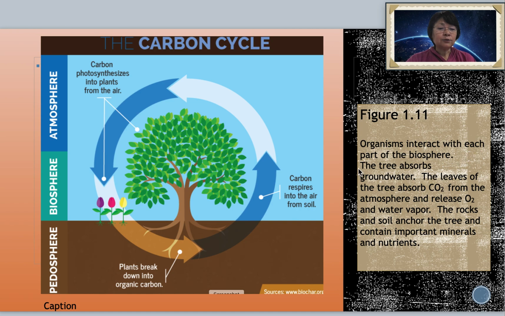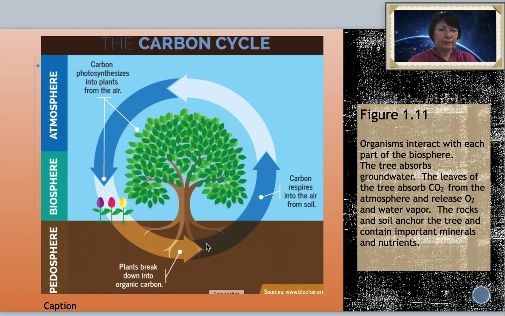So let's take a look at figure 1.11. Organisms interact with each part of the biosphere. The tree absorbs groundwater, and the leaves of the tree absorb carbon dioxide from the atmosphere, and they release the oxygen, the O2, and water vapor. The rocks and soil anchor the tree and contain important minerals and nutrients. So why is that important?